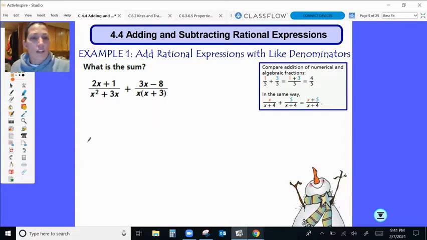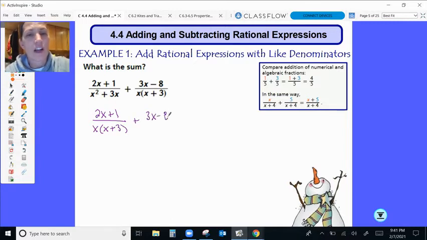What is the sum here? It looks like they don't have common denominators, but if we use our factoring, we can take this in 2x plus 1 over, and factor this out as x times x plus 3. So now that gives us our common denominators of x times x plus 3.